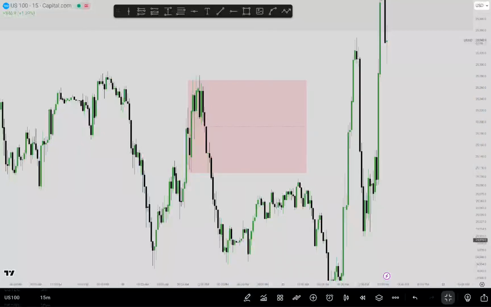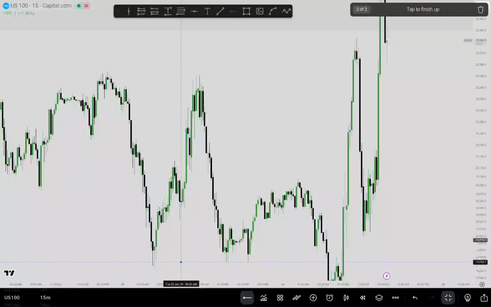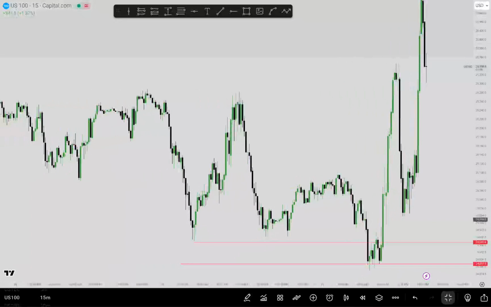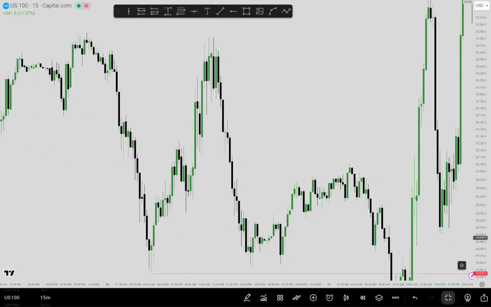Also, when price created equal lows right here, the next line of interest it would likely want to draw to would be a breaker. Out of experience, I understand this: a breaker or an inversion fair value gap are the two things it would likely want to go to.